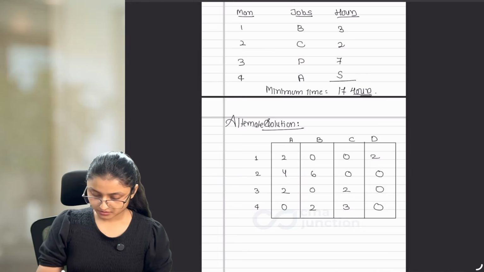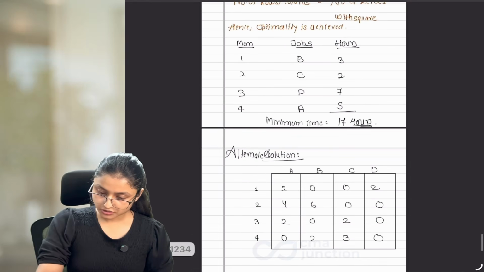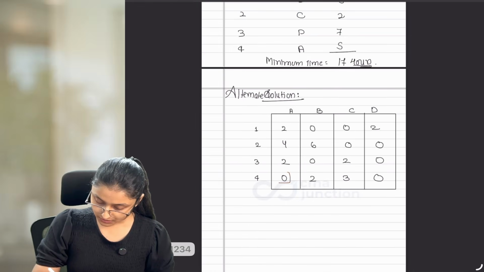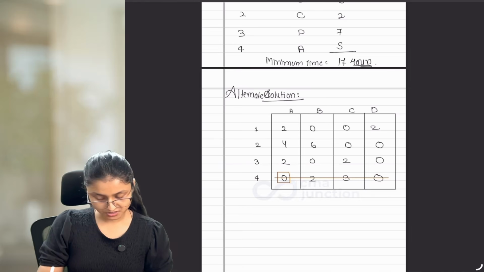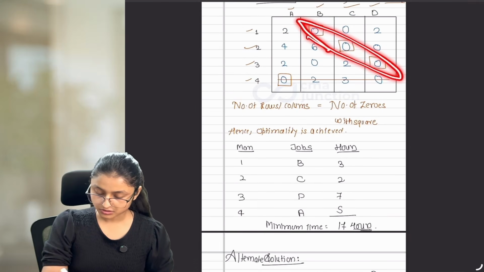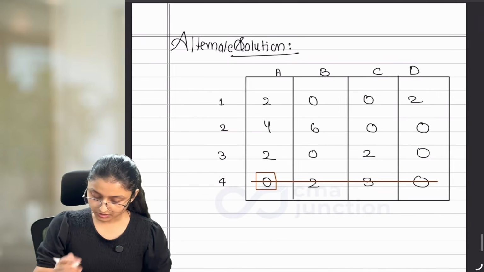Now, this was the table, and with row scanning and column scanning, we found out that 1, 0 was done and this line was drawn. After that, we randomly selected these 3 zeros. Now let's do another random selection.